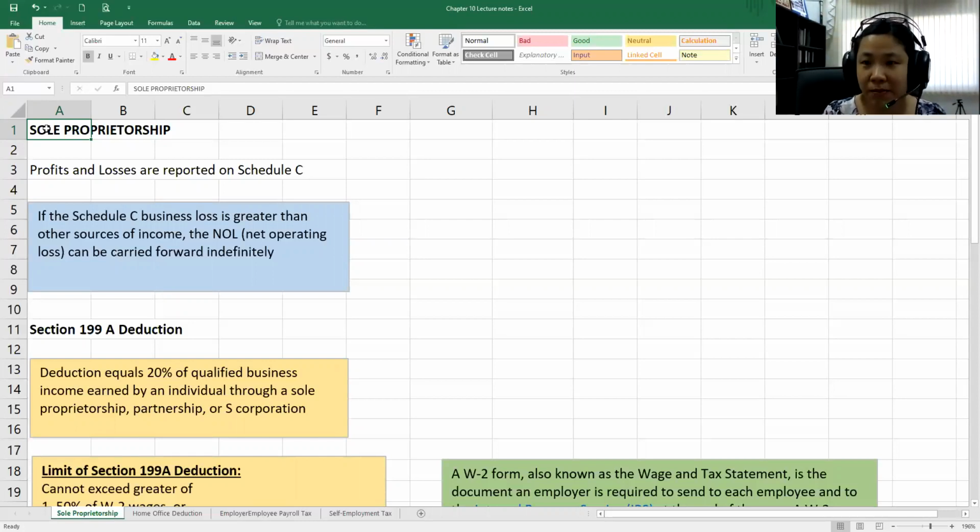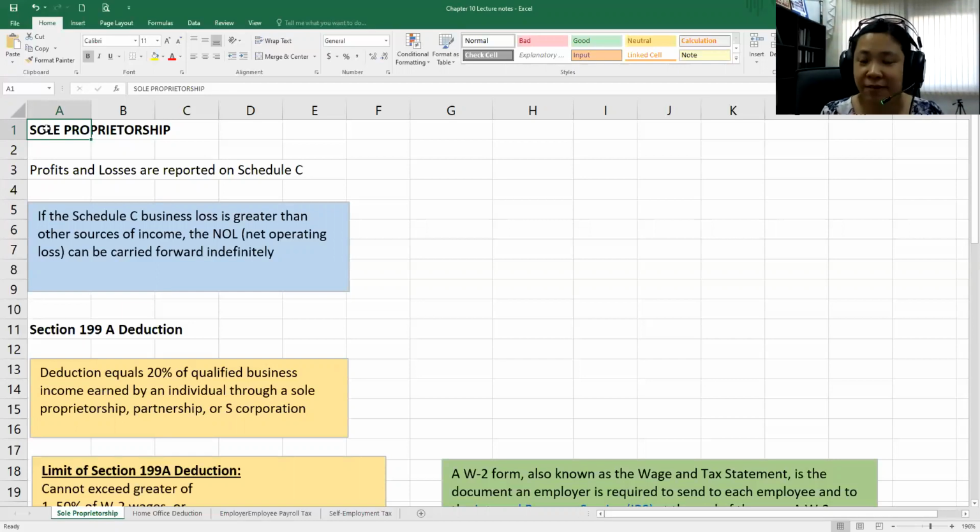So for this business organization, the taxpayer is not the entity, but the owner. For example, if you have your own business, you are a sole proprietorship, and the business is not the one who is responsible to pay the tax, but the owner of the business is the one who is responsible to pay the tax.